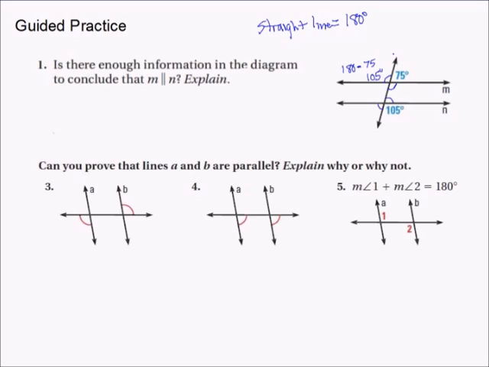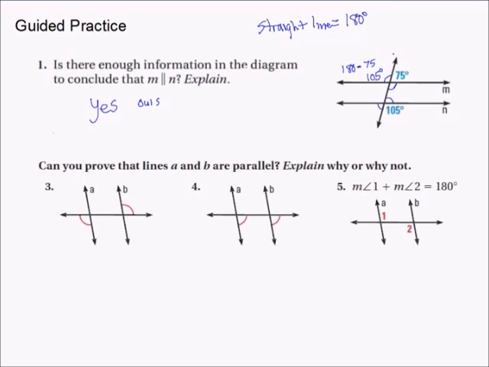So if you know that this is 105 and we know that this is 105, well, then we could say yes, we do have enough information, because I used this to figure out this angle, and 105 and 105 are the same.